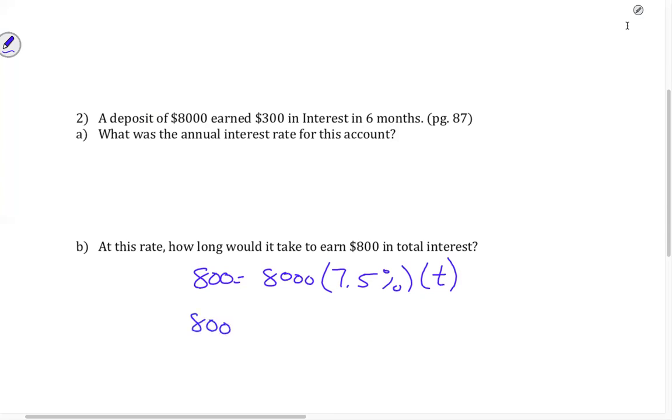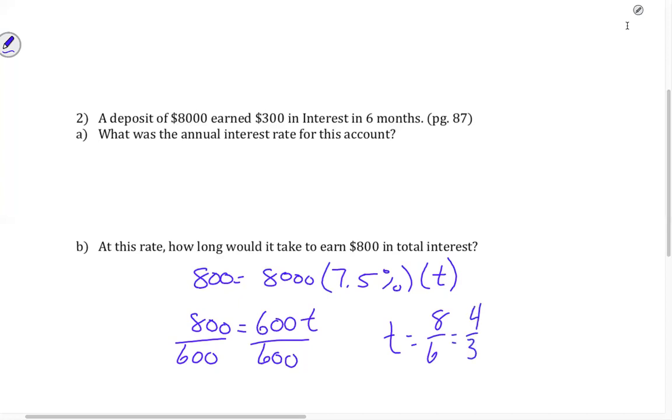So 800 equals 600 T. Divide by 600, and I'm going to get t equals 8/6, which is 4/3, which is 1 year. And a third of a year is 4 months, so I'm going to write 1 year and 4 months. Or 1 1/3 year.